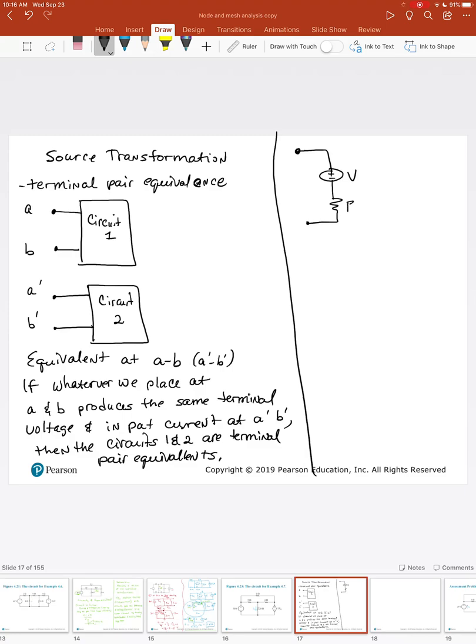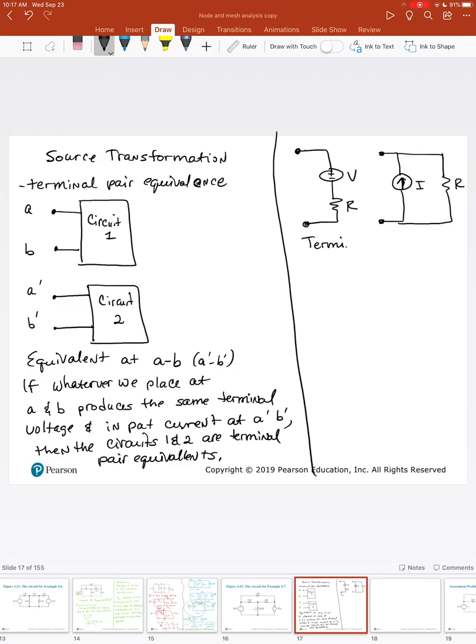That can actually be replaced with a terminal pair equivalent of a current source in parallel with that same resistor. So these two circuits are called terminal pair equivalents. And notice that the arrow on the current source points in the direction of the positive polarity of the voltage source in the terminal pair equivalent circuit.